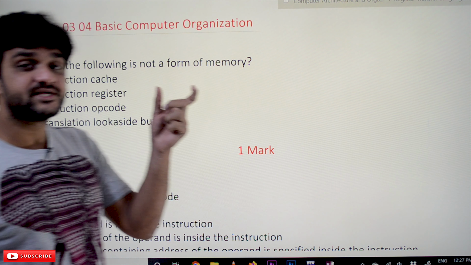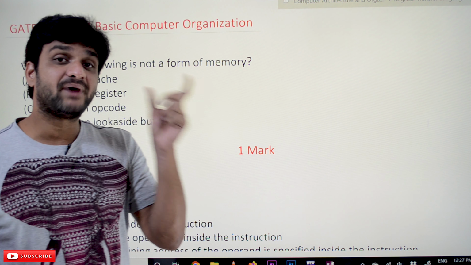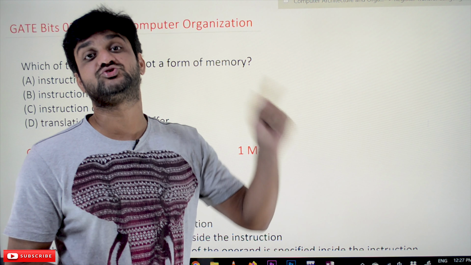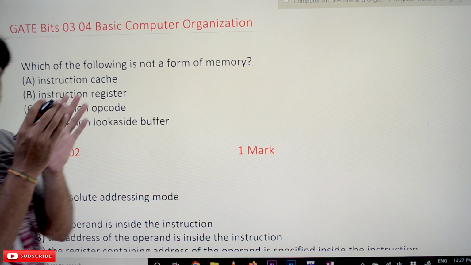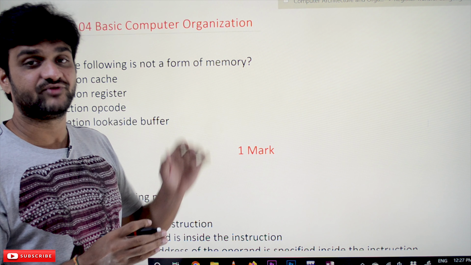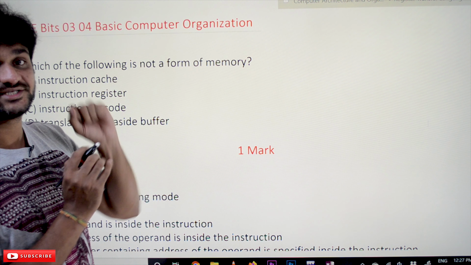The opcode is the code by which the computer is going to decide what kind of operation has to be performed. This is part of the bits which are getting stored in the instruction register. We have covered all these concepts in our basic computer organization section.